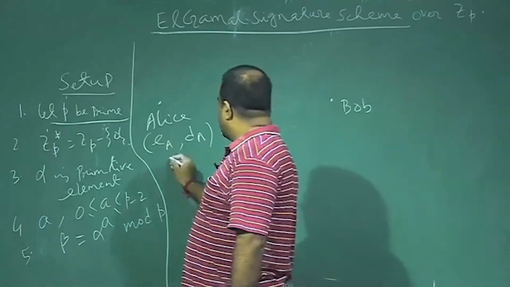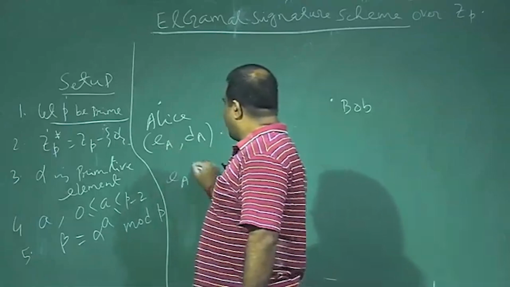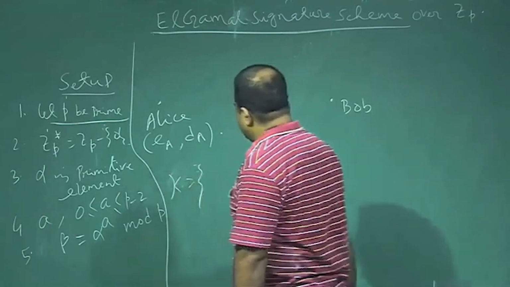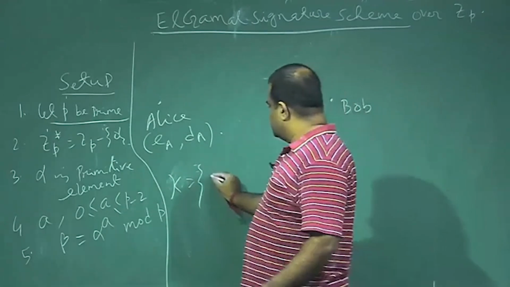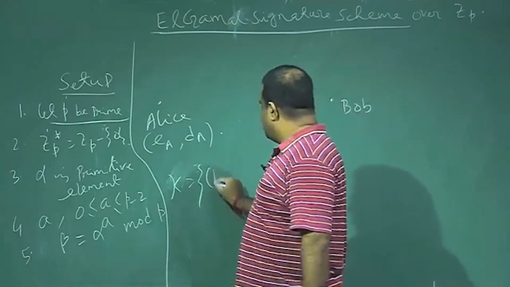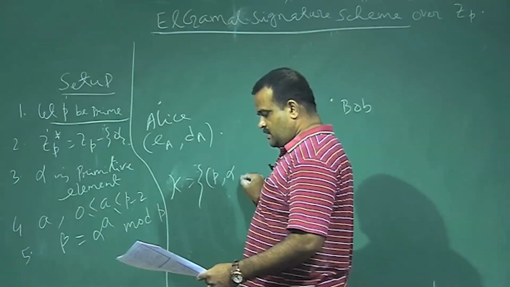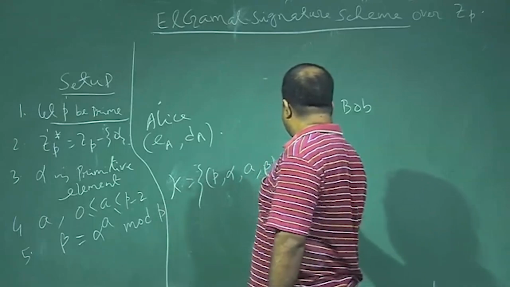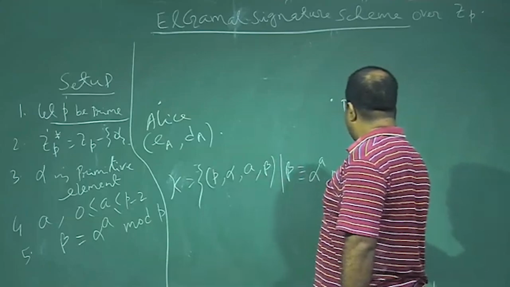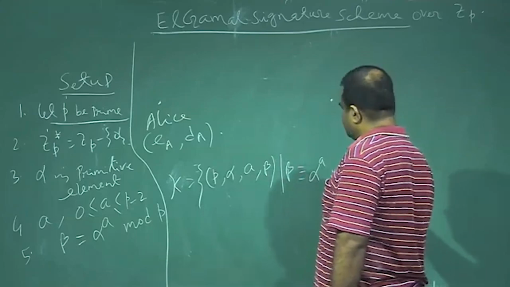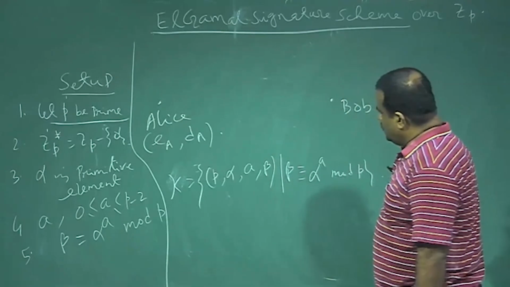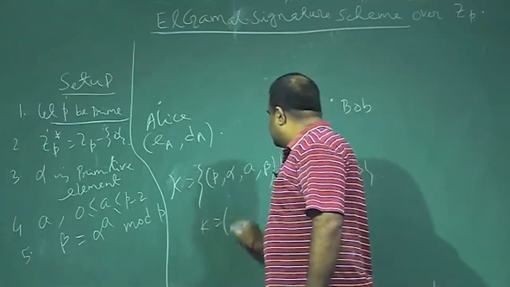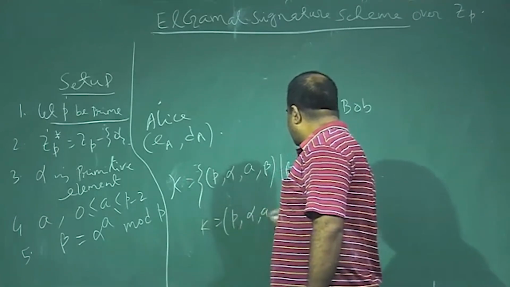So, E of A is basically a key set. This is the key space. The key space is basically p, alpha, a, beta, where beta is congruent to alpha to the power a mod p. A typical key is p, alpha, a, beta.